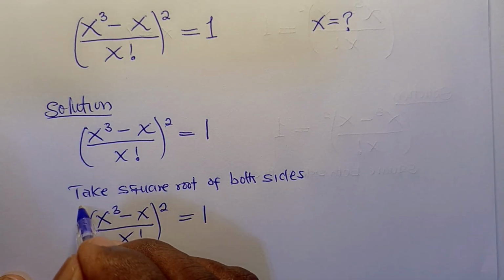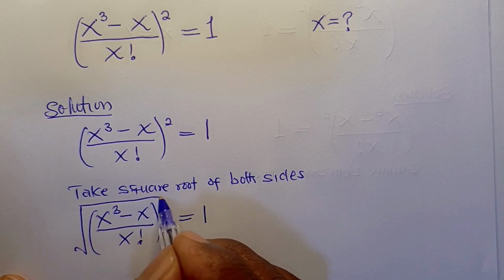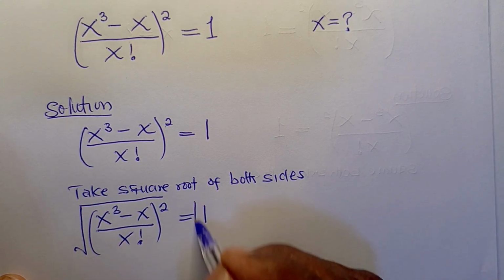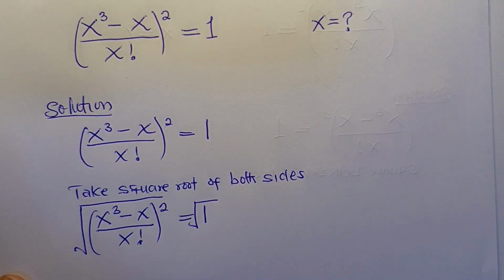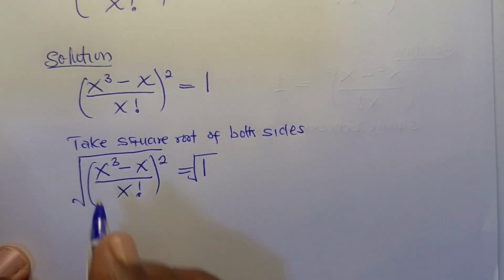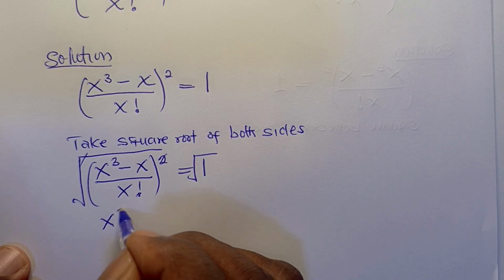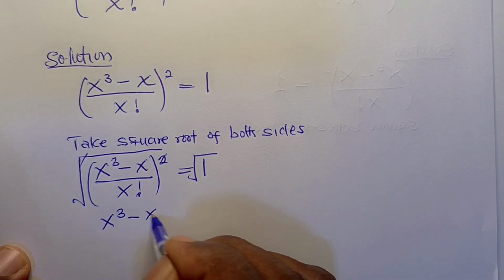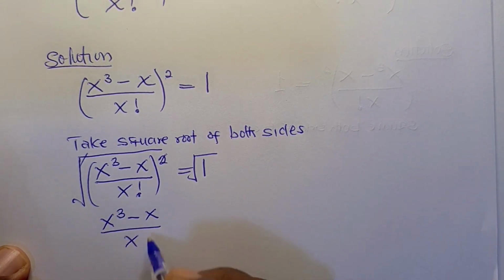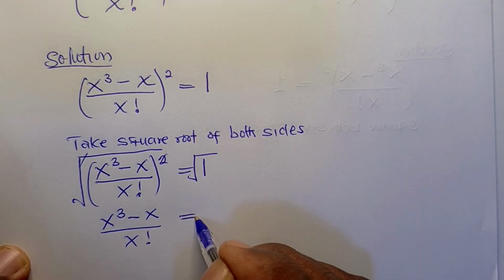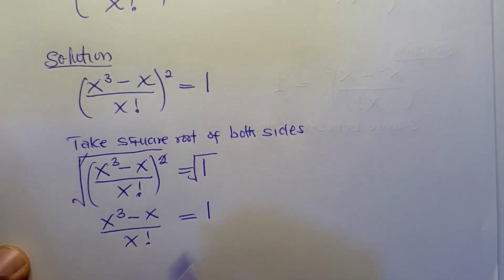If we take the square root of the left hand side, we should take the square root of the right hand side. So this will give us the square root to break this one. We are left with (x^3 minus x) all over x factorial equals the square root of 1, which gives us 1.